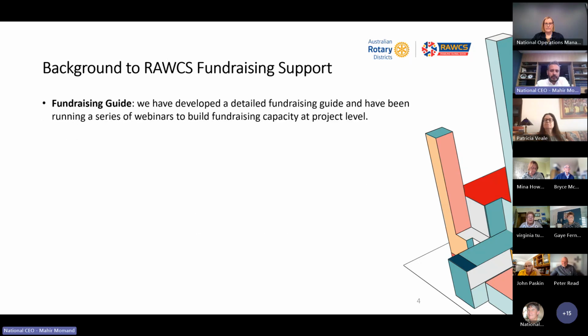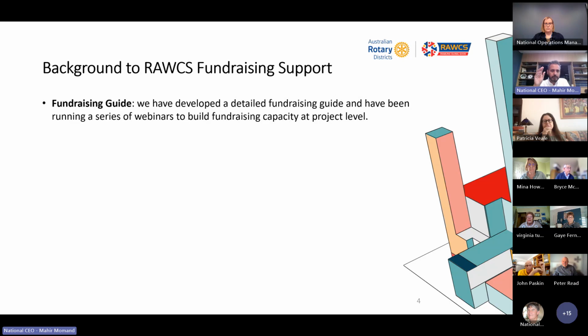The first thing that I would like to highlight in relation to background to RAWCS's fundraising efforts is the fact that we have developed a fundraising guide, which I have printed here with me. I have it in physical copy. You have a copy of that made available to you previously when we did a webinar on the fundraising guide.